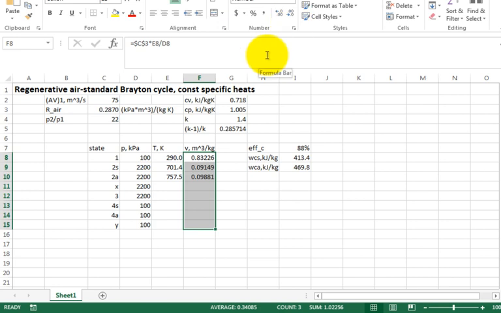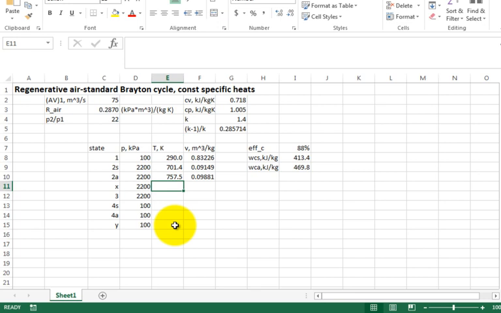Okay. So that's the specific volume at state 2A versus 2S versus 1. All right. Now, I have to bypass state X for a minute, and I'll come back to it. But they give me the temperature at state 3. Isn't that my maximum temperature in the cycle? Wasn't that 1900?